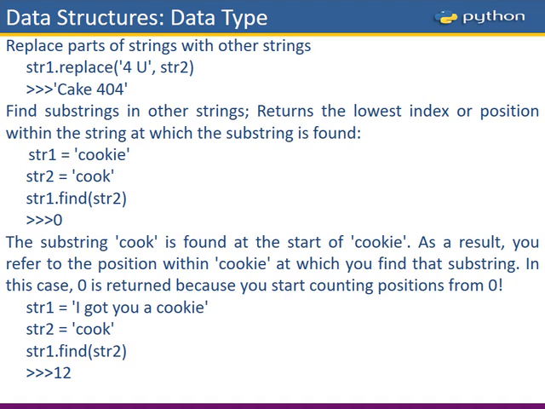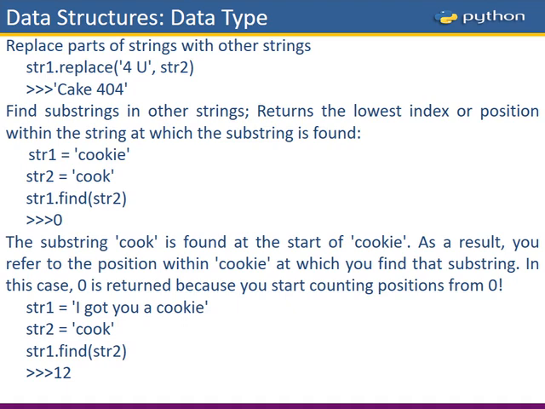So I'm finding a substring in another string, returning the lowest index or position within the string at which the substring is found. Our index starts at 0.